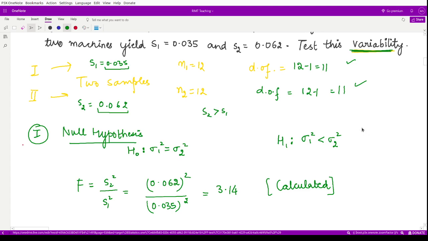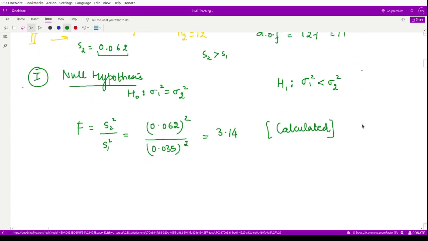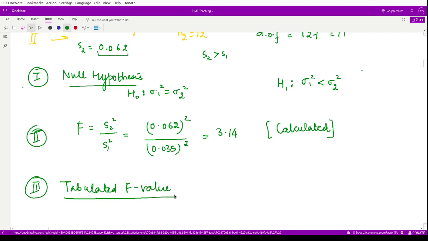Next, after calculating this value of F, this is your second step. In the third step, you are to check the tabulated F value. Here no level of significance is given to you, so we may check our results at say 5% level of significance. You may take any other of your choice, there is no issue. For this, you have the degrees of freedom.